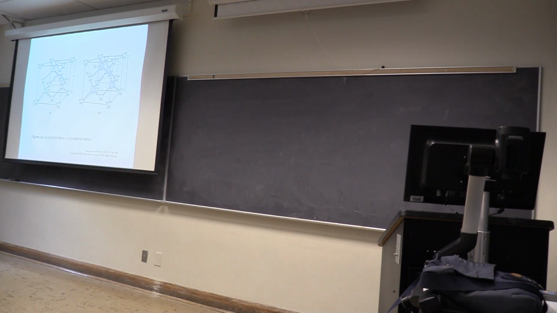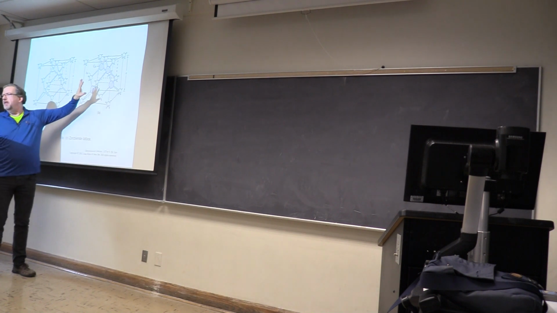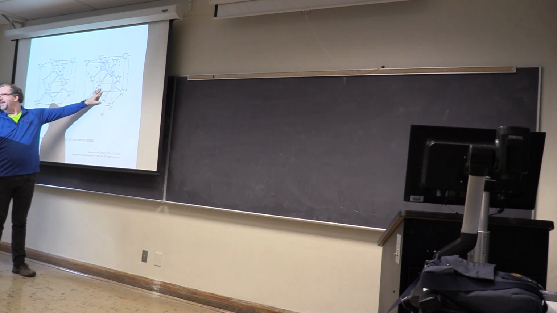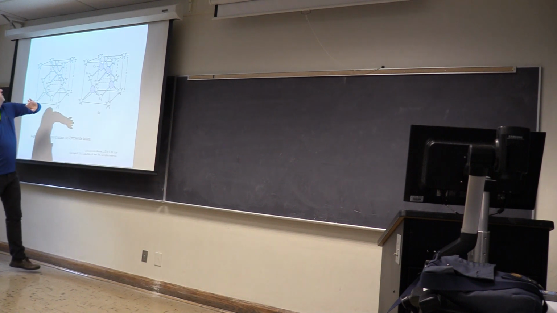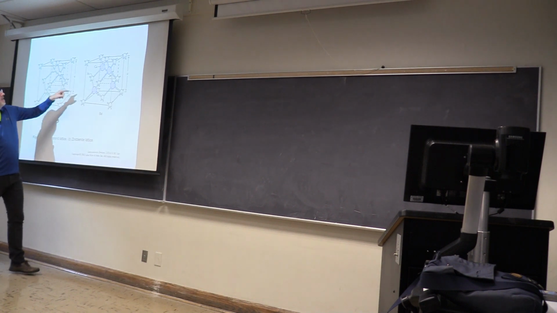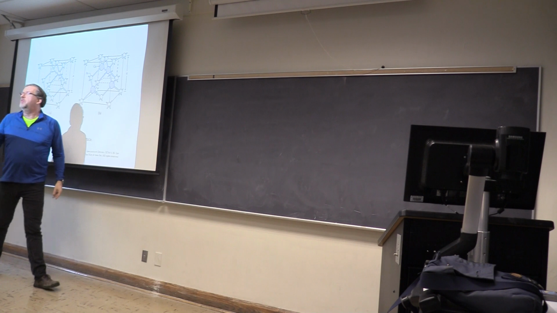Silicon and germanium, yeah. This is the elemental ones, where it's all one type. And then this one is, now you can say it. Yeah, gallium arsenide. So this is the diamond, and this is the zinc blende, where you have two different atoms.